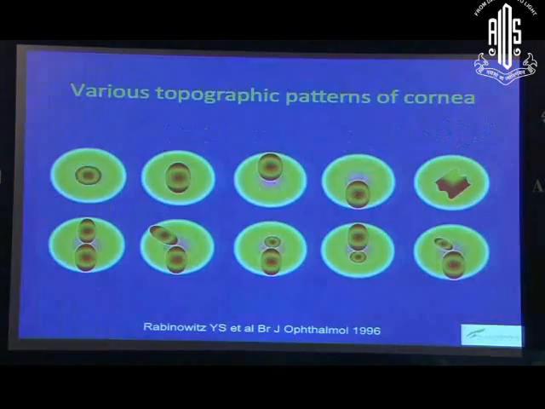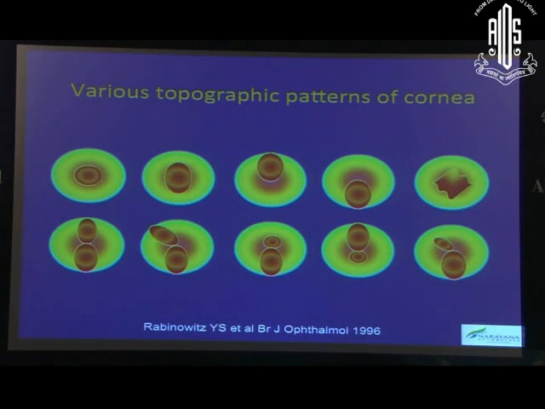Now, the most important slide of my entire presentation is this slide. And thanks to these two gentlemen, Rabinowitz and his colleague, they came out with a landmark article and said that any Placido-based topographer printout can be classified into one of these 10 patterns.